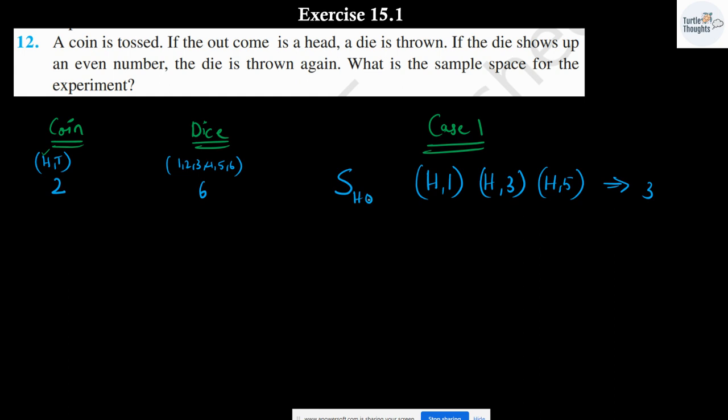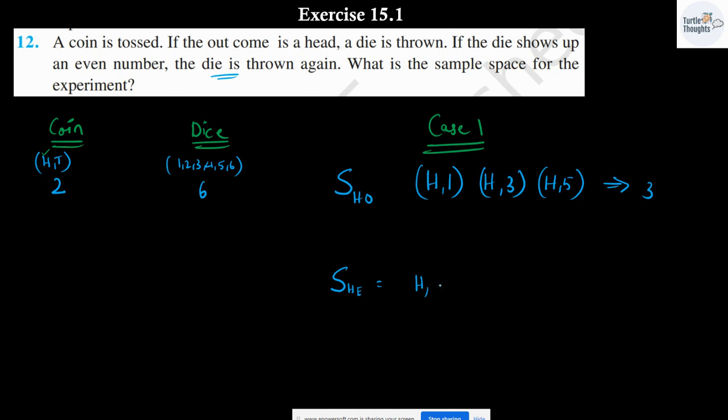Next, when the outcome is a head and the corresponding die shows an even number. First you get a head, then you get an even number. If that is the case, again the die is thrown. So how many do we have in total? We have three over here, and with heads we can take all the numbers.